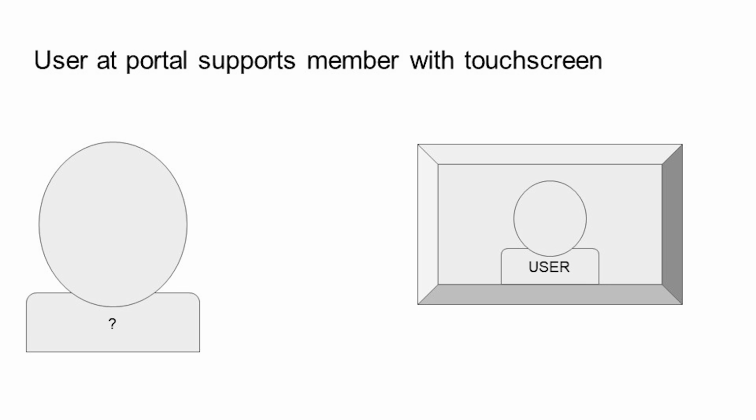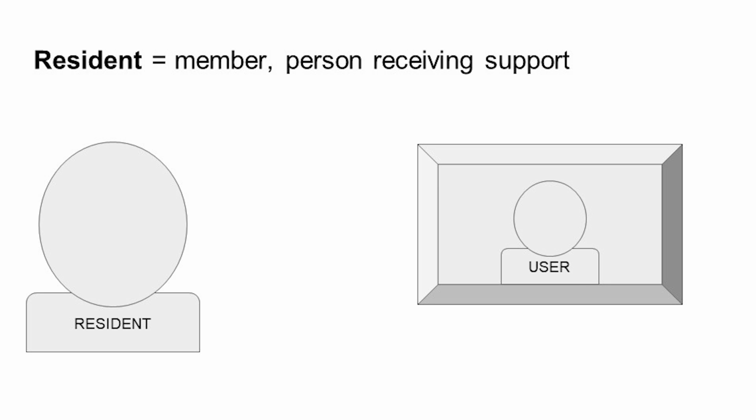And now we're trying to figure out how can one refer to, how does the GrandCare technology refer to the member himself? And the answer to that is resident. Resident is the term that would be used in the GrandCare portal for the member, the person that's receiving support from the user.